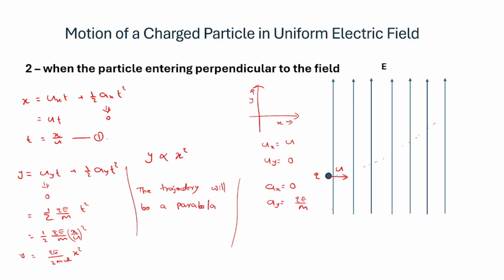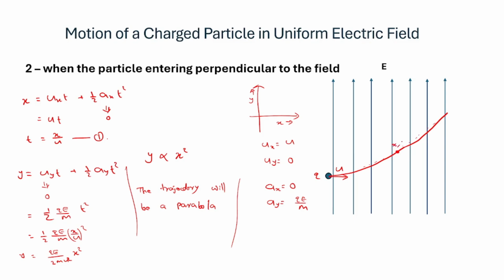And now we can find the velocity at any point. So this will be the trajectory of this particle, and at any point we can find the velocity of that particle.